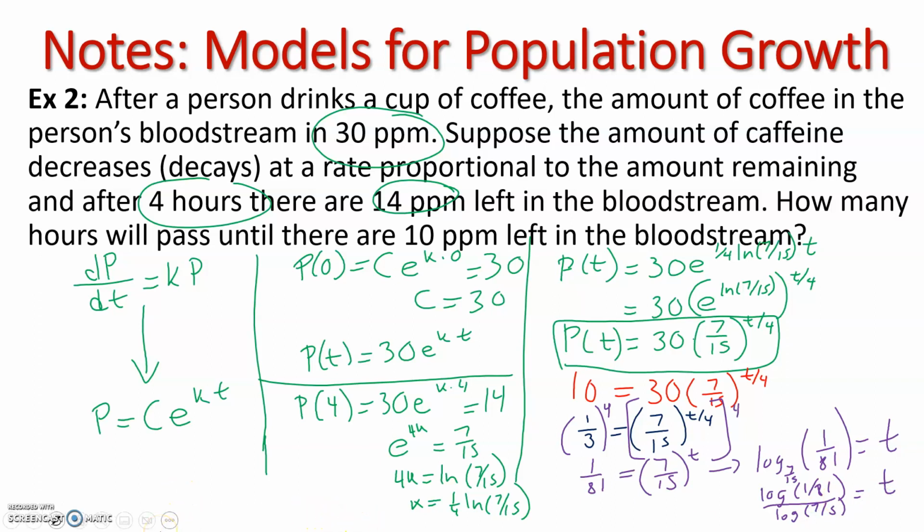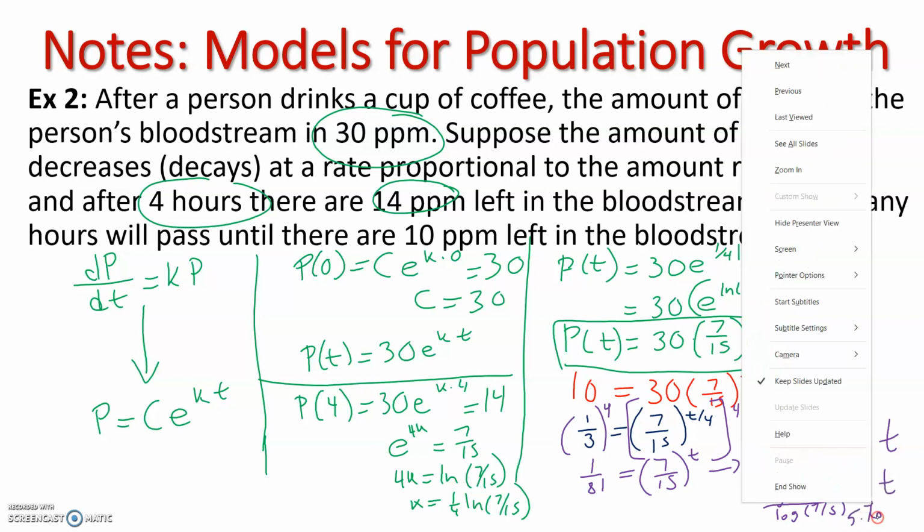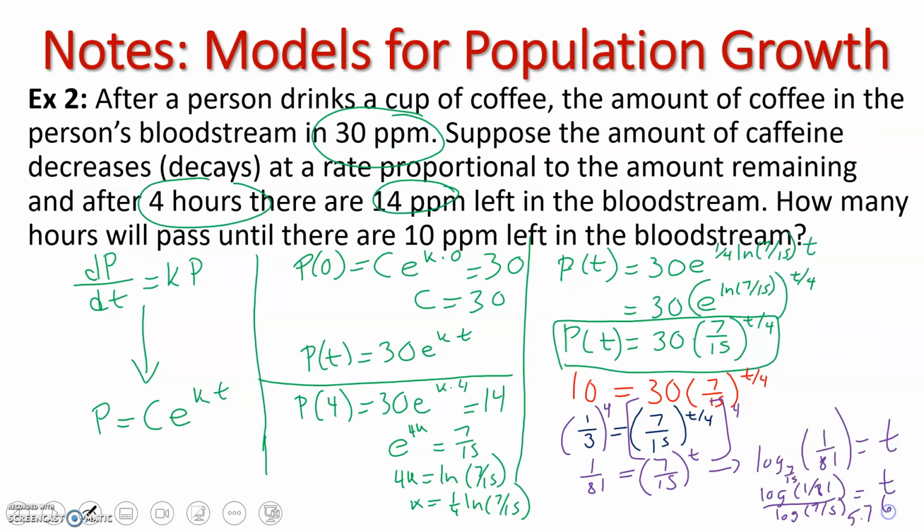Simply typing this into a calculator, we get about 5.766, and then this is hours. So that's about how long it will take to have only 10 ppm of caffeine left in the bloodstream.